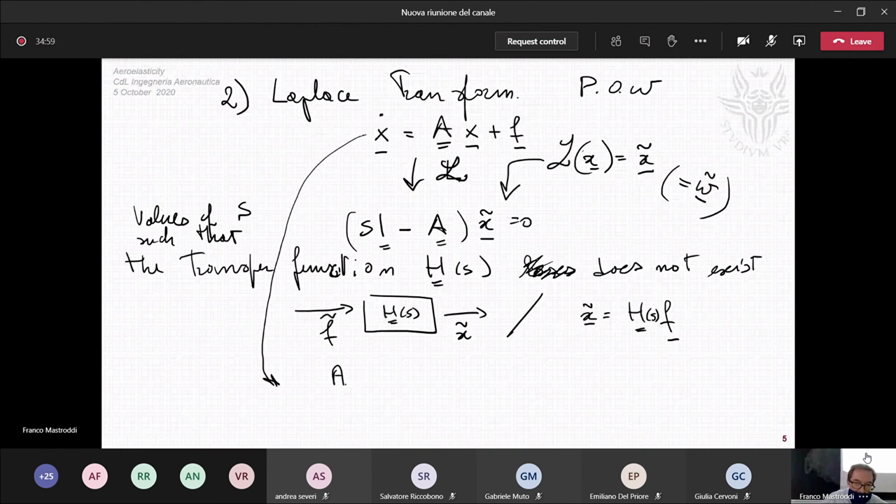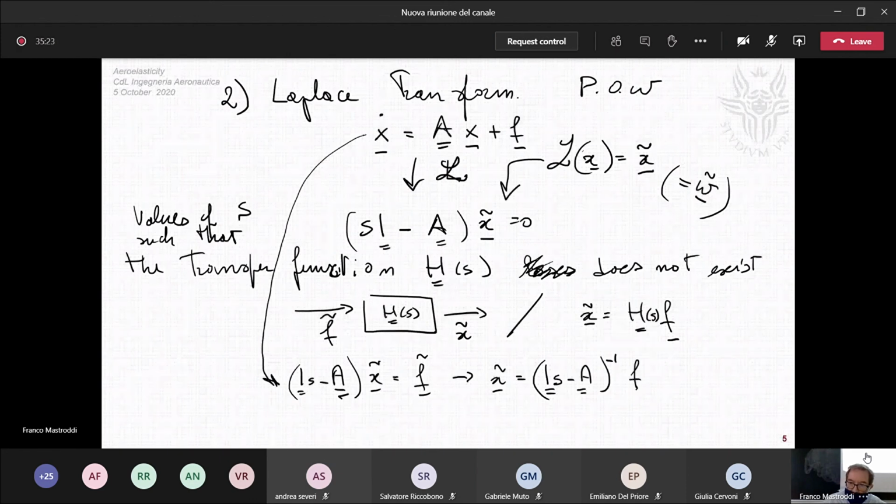You have (sI minus A) multiplied by X tilde equal to F tilde, and therefore X tilde is equal to (sI minus A) to the power minus 1 times F, and therefore this is H.